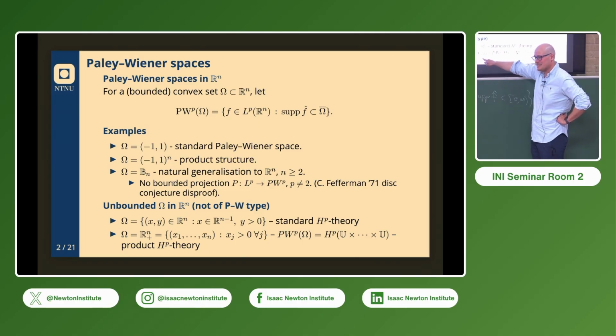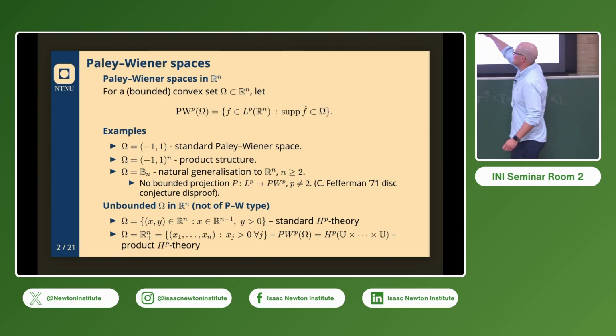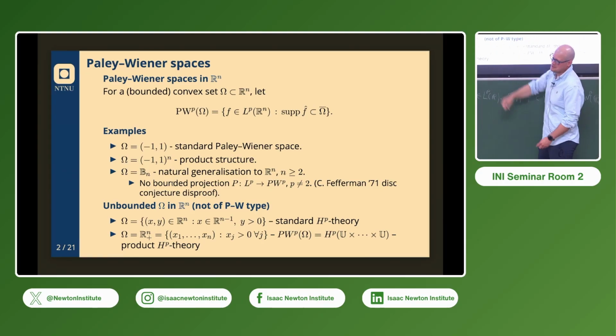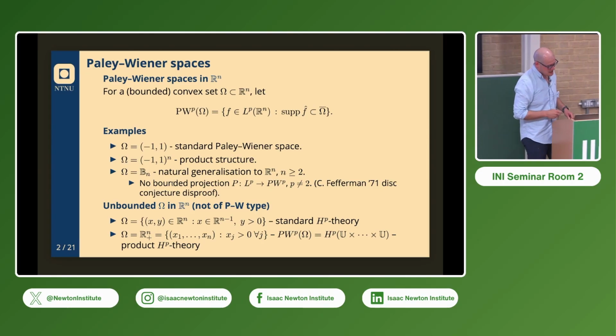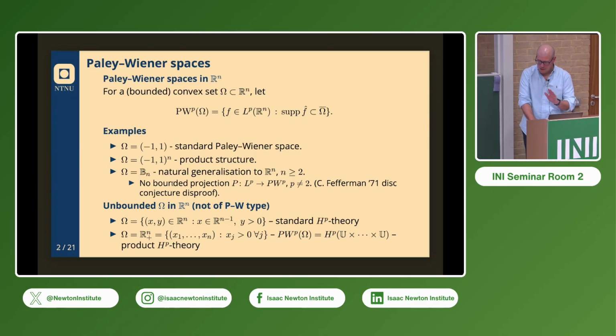There is a lot of theory for this that was developed, but there are many outstanding questions and things that we do not understand in that setting. That will be reflected also in the Paley Wiener space of the cube. There are many questions that we don't know how to answer, so I'll get to that later on. Okay, so that's my background.